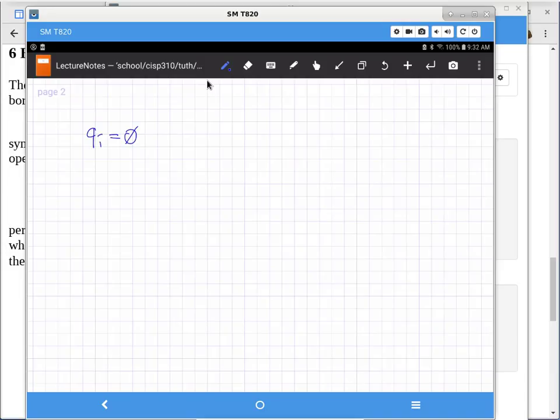Okay, so qi equals 0 implies xi exclusive OR yi equals 0, because that's how qi is defined. But that in turn implies one of two things. What do you think? If you look at the truth table, yep, go ahead.